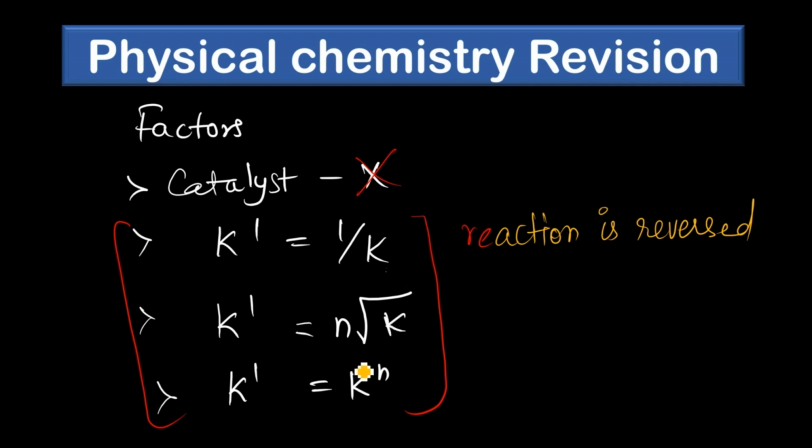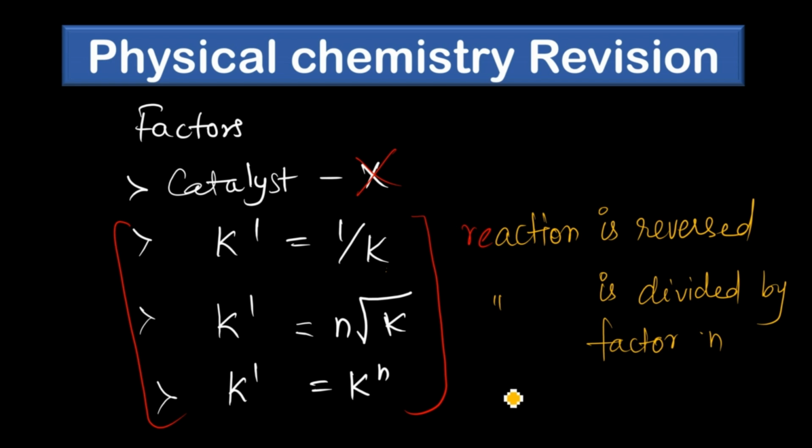The second one, if the reaction is divided by a factor n, then we have to take the same factor root. Okay, if that is divided by 2, then we have to take the square root. Okay, then the third type, which is the reaction is multiplied by a factor.